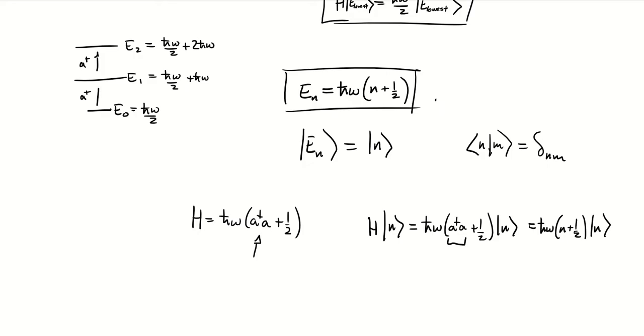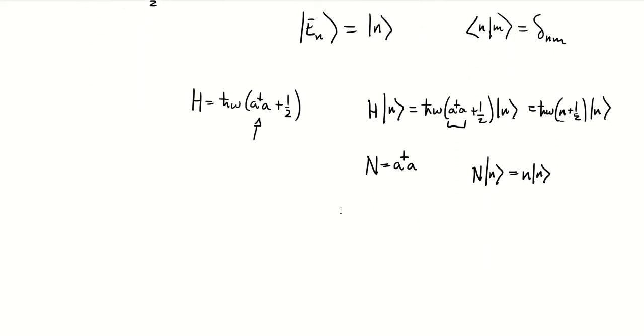We can define this operator, a dagger a, and call it the number operator. It has the eigenvalue equation that N acting on an energy eigenstate pulls out the quantum number of that harmonic oscillator and just tells us the n. You can hopefully see that these operating on that give us that n value there, which allows us to rewrite our Hamiltonian in terms of that operator: h bar omega N plus 1/2.